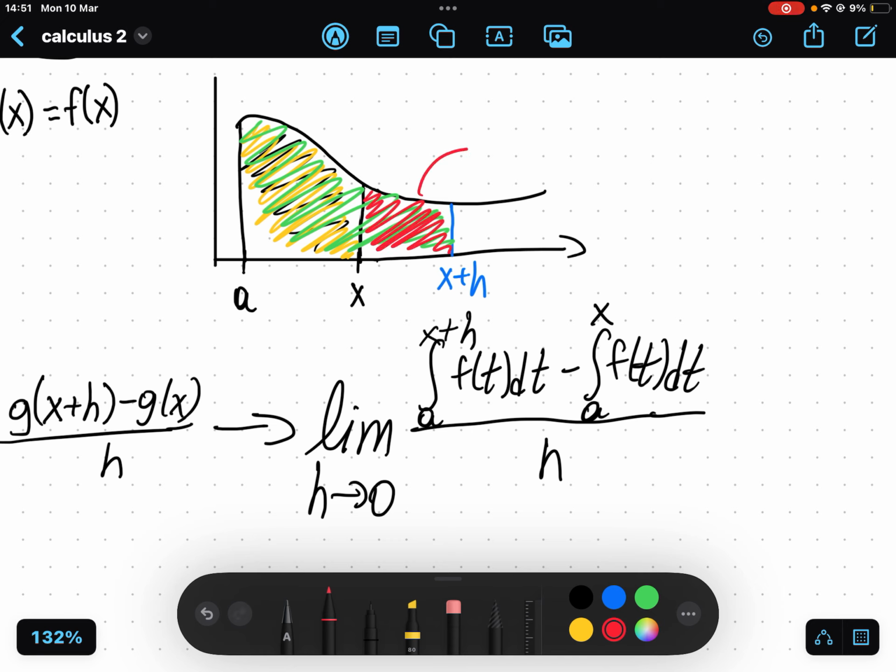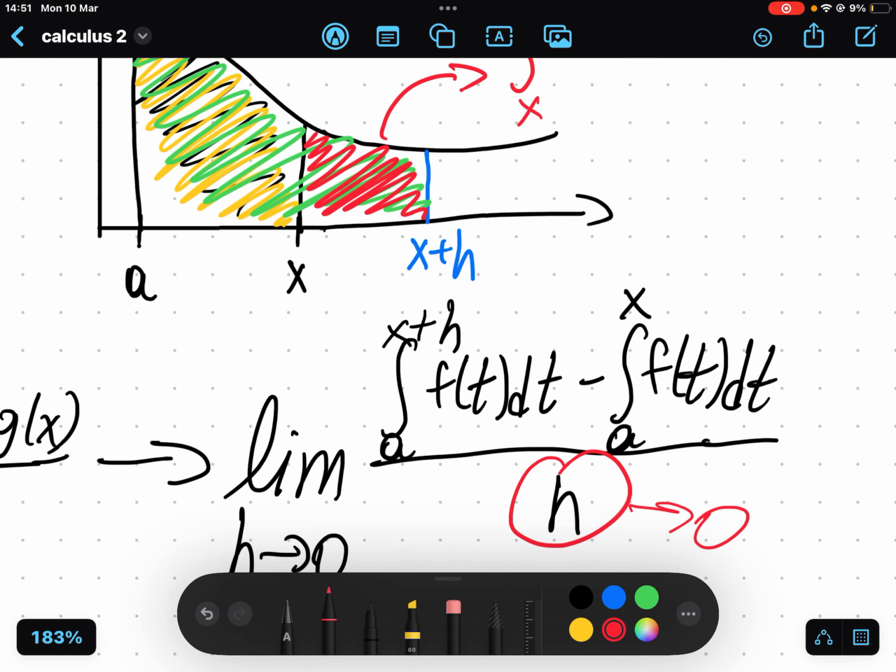What's this red part in terms of the integral? It is the integral from x till x plus h of f of t dt. In fact, we know that h goes to 0, right? So what does this tell us? We know that it is x plus h minus x, so it's just h, the length of it.